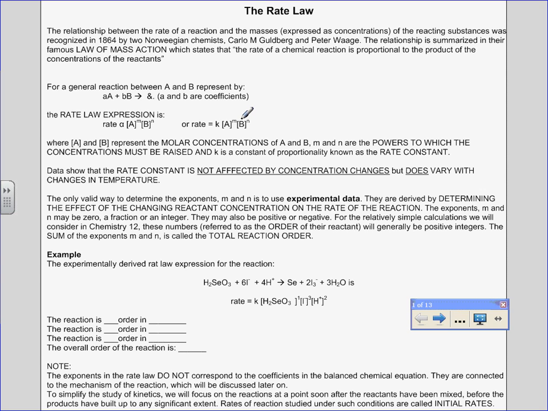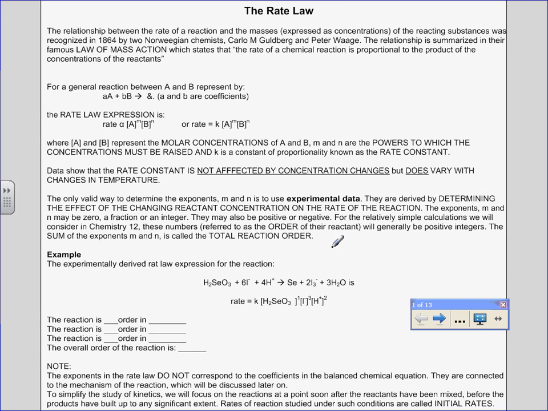How much a particular substance affects the rate of the reaction, and how it affects the rate of the reaction, must be determined experimentally. And it's not dependent on the coefficient in the balanced chemical equation. We must use experimental data in order to determine the powers of the concentrations in the rate law.